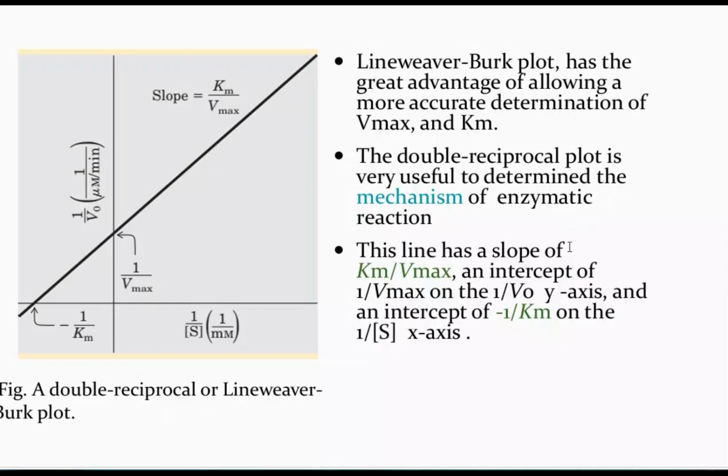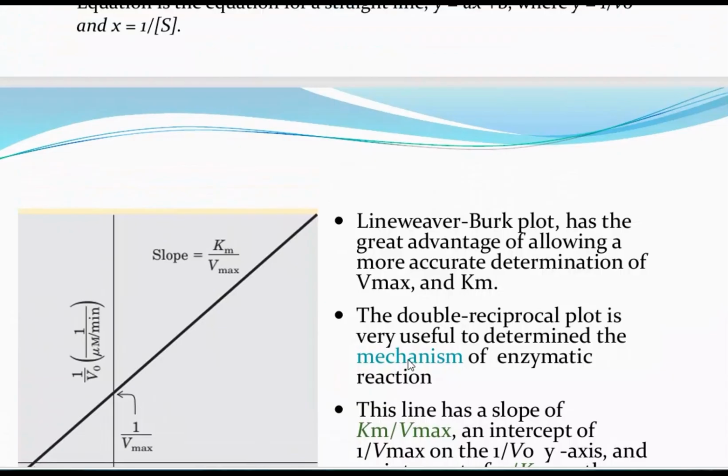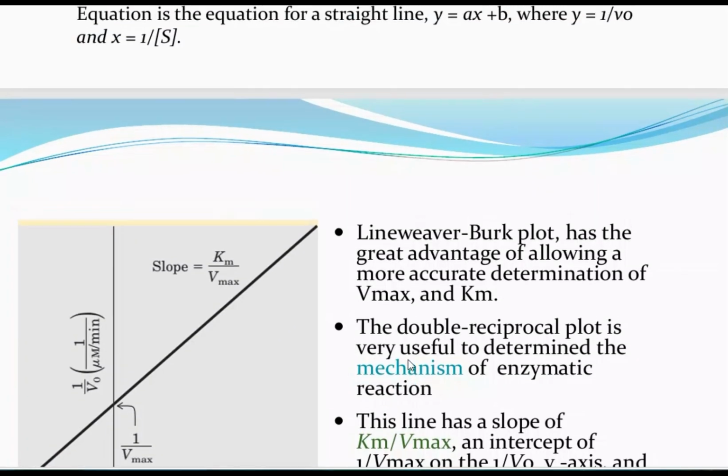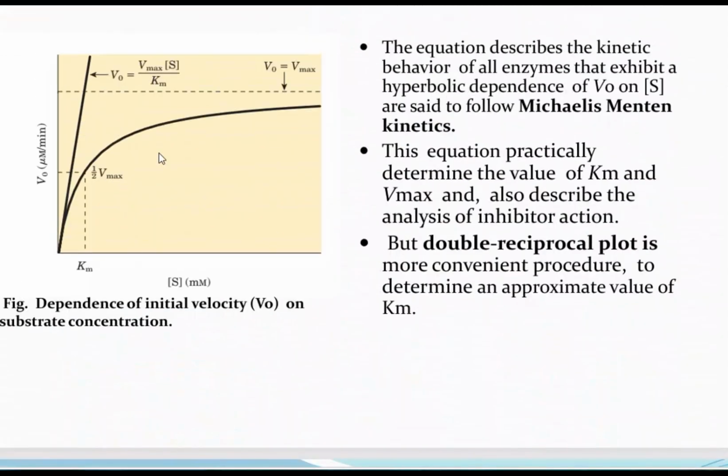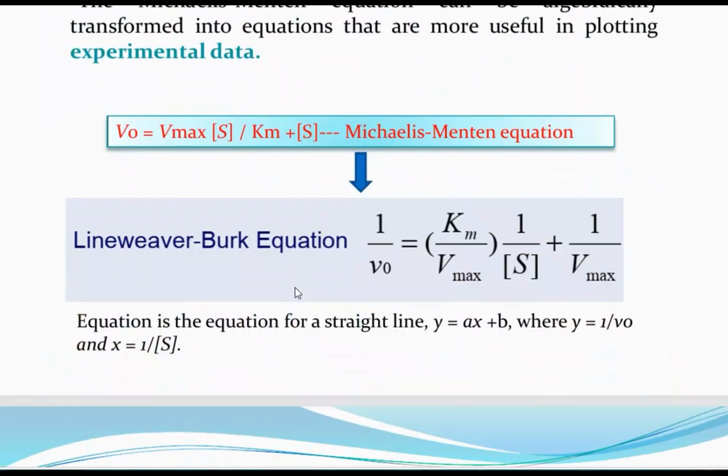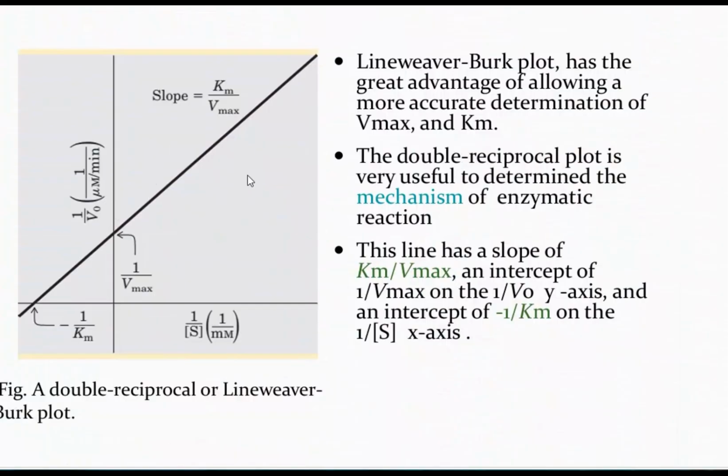This line has a slope of Km by Vmax, an intercept of 1 by Vmax on the 1 by V0 y-axis, and an intercept of minus 1 by Km on the 1 by S x-axis. In this way, you will get the different values of the y-axis and x-axis, as well as the slope. If we compare the Michaelis-Menten equation with the Lineweaver-Burk plot, first of all you get a hyperbolic curve in the Michaelis-Menten equation, whereas you get a straight line in the double reciprocal plot, which is the Lineweaver-Burk plot.